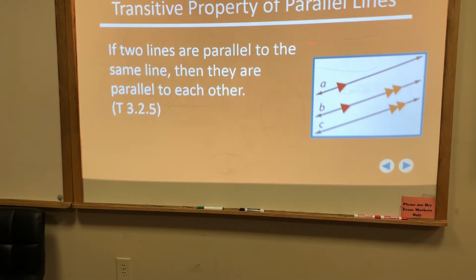If two lines are parallel to the same line, then they are parallel to each other. So if A is parallel to B, and B is parallel to C, then A is parallel to C. That is important simply because it adds to the way that you can use the transitive property.